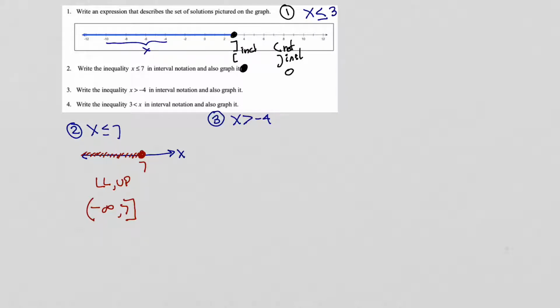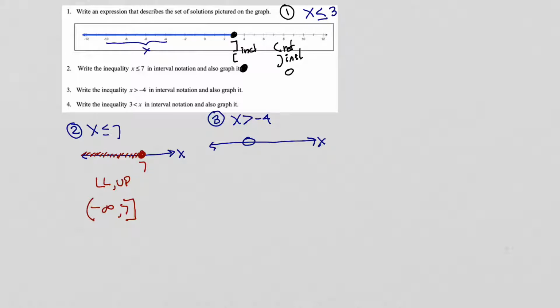In number 3, we have that x is greater than, to the right of negative 4. Let's draw ourselves a number line here. I'll label it x, and I'm going to locate negative 4, and because it's strictly greater than negative 4, not included, I'm going to draw an open circle at negative 4.